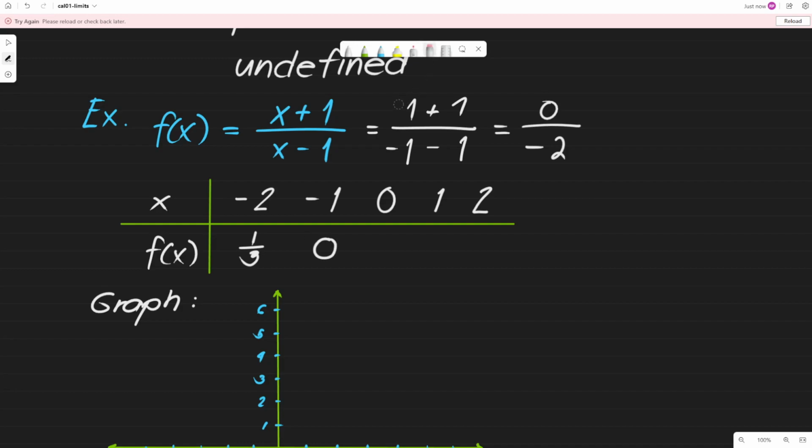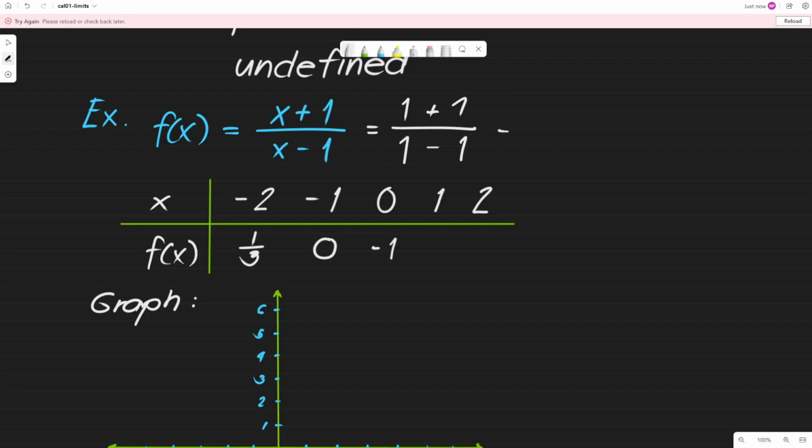Now next, if our x is 0, so we put 0 here. Obviously we will have 1 over negative 1, which is equivalent to negative 1. So f of 0 is negative 1. And then for our 1, we have positive 1.